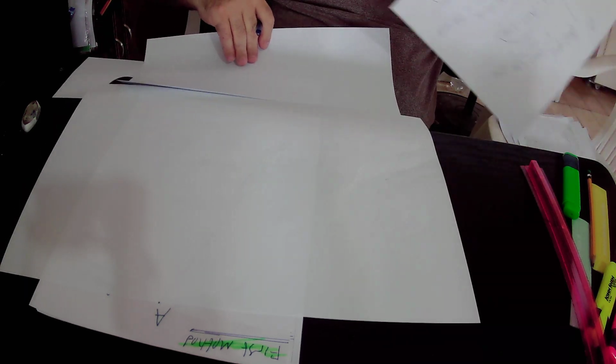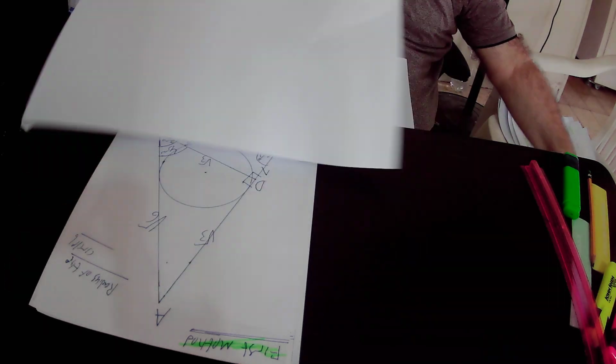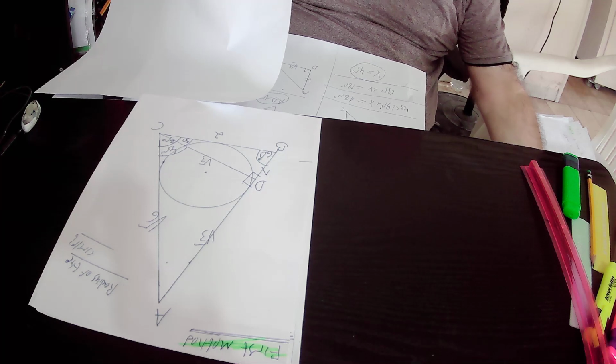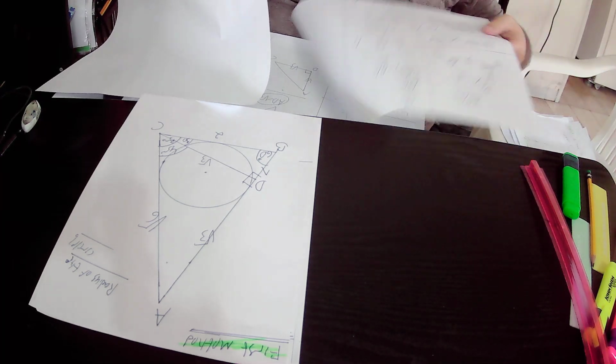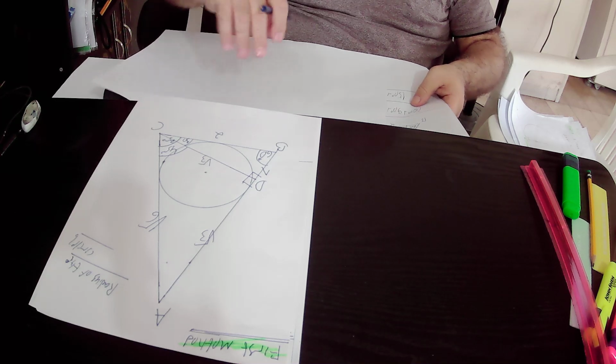In the next step, we'll find the radius of this circle that is inscribed by triangle ABC according to the second method.